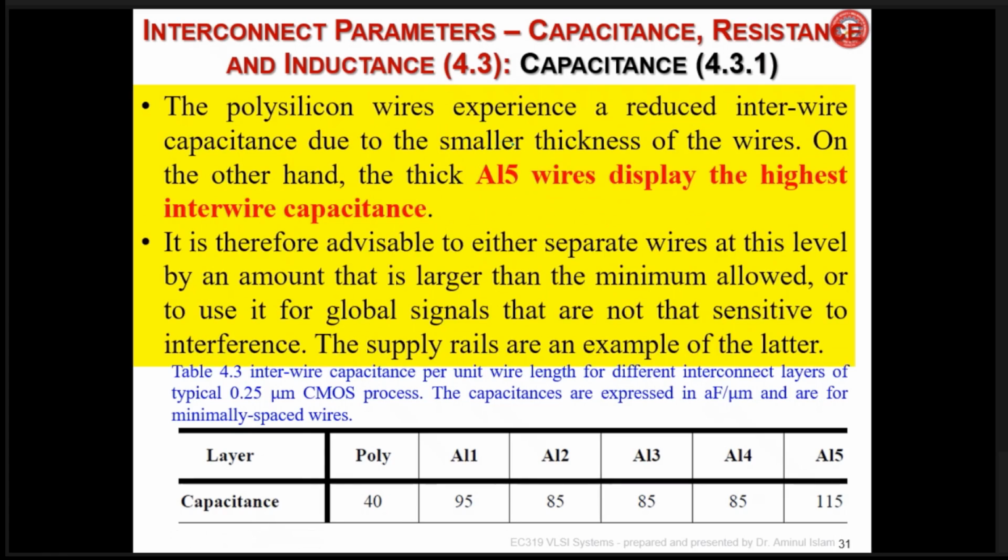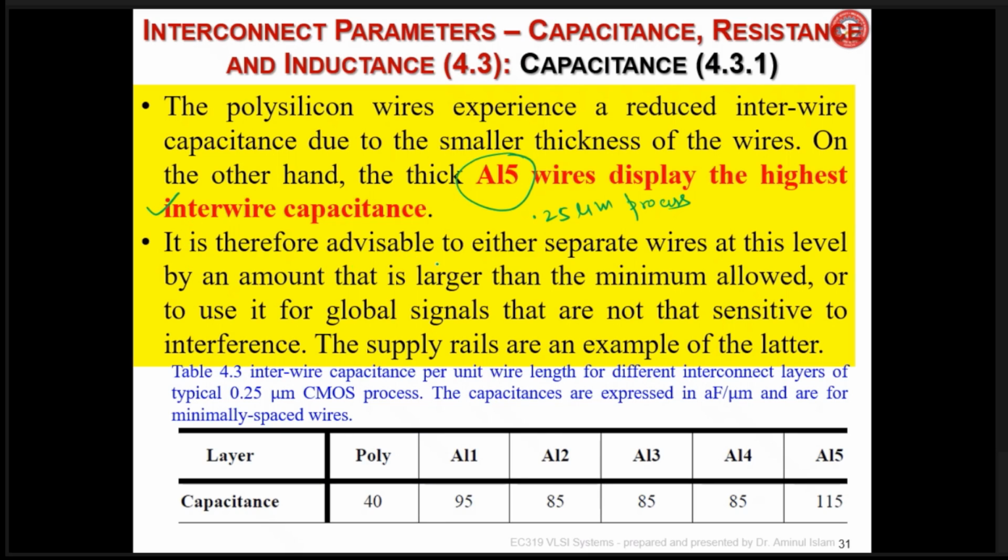The polysilicon wires experience a reduced interwire capacitance due to the smaller thickness of the wires. On the other hand, the thick Al5, the top metal layer in this 0.25 micrometer process, because it has altogether five, Al1 to Al5, displays the highest interwire capacitance. First of all, it is wider, and the oxide also has a higher dielectric constant.